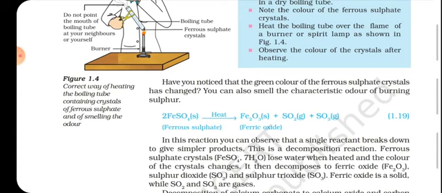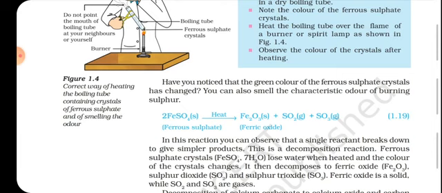So what happens is, from a single reactant it breaks down to give many simple products. If we have a single reactant and it gets broken down into many smaller products, it is known as a combination reaction.